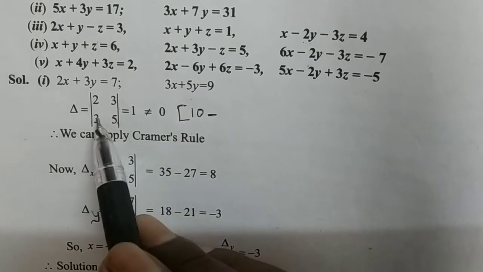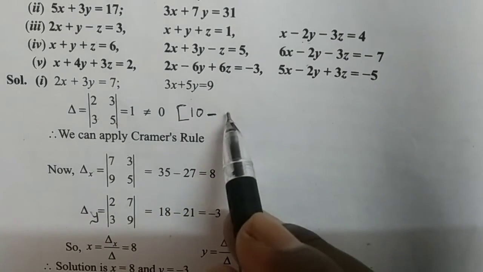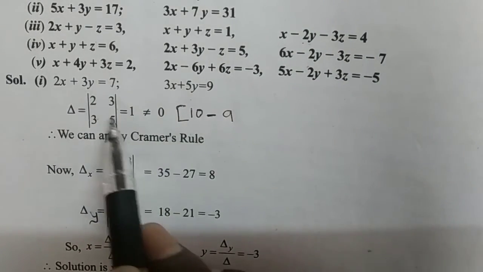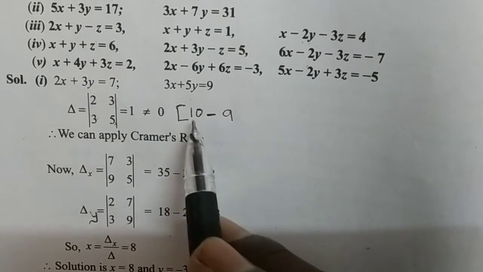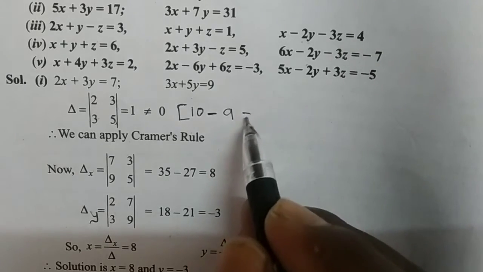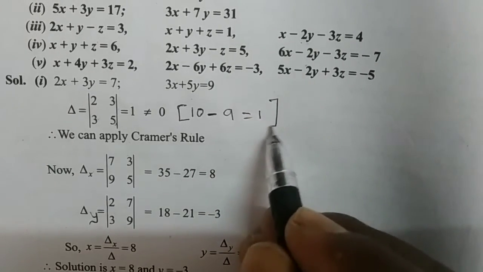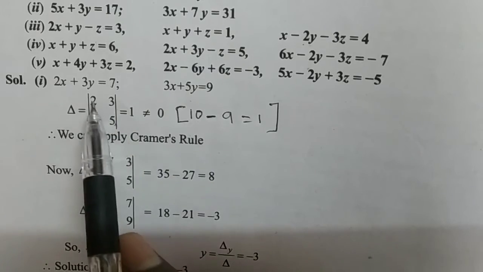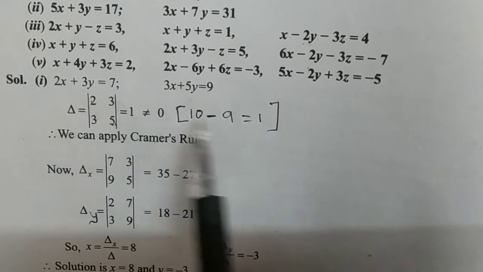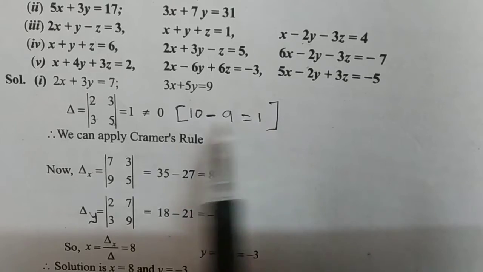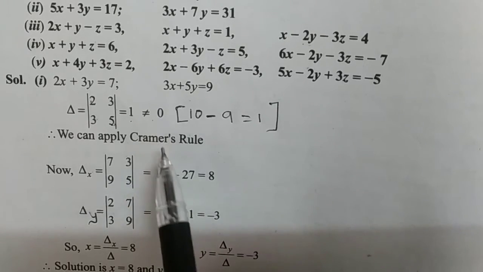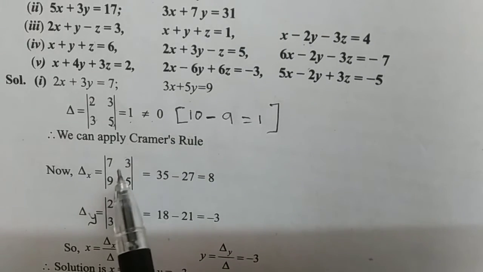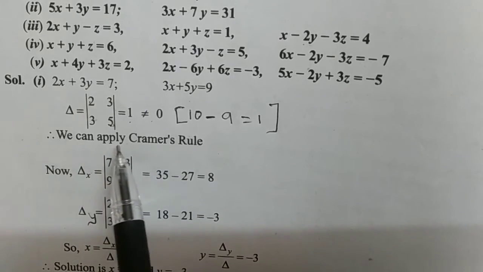Minus 3 threes are 9. 10 minus 9 equals 1. So we get the value 1. This value is not equal to 0, so we can apply Cramer's rule. Cramer's rule is applicable for the given condition.